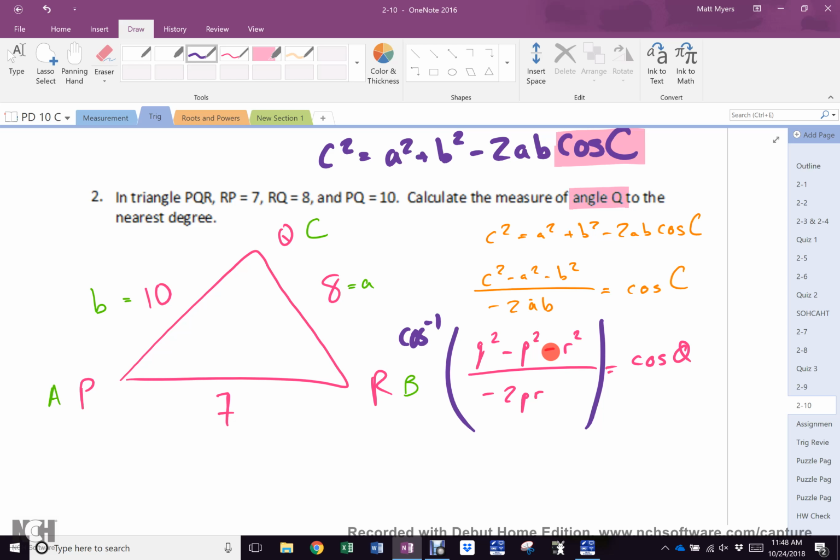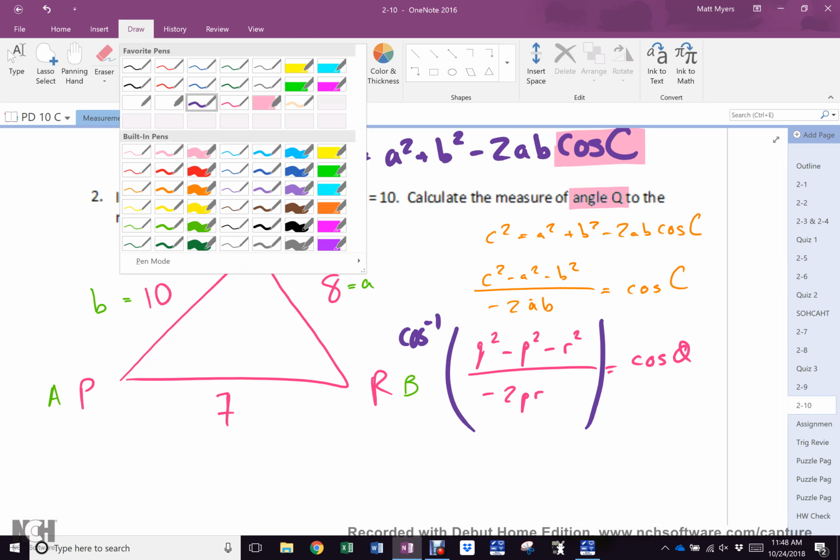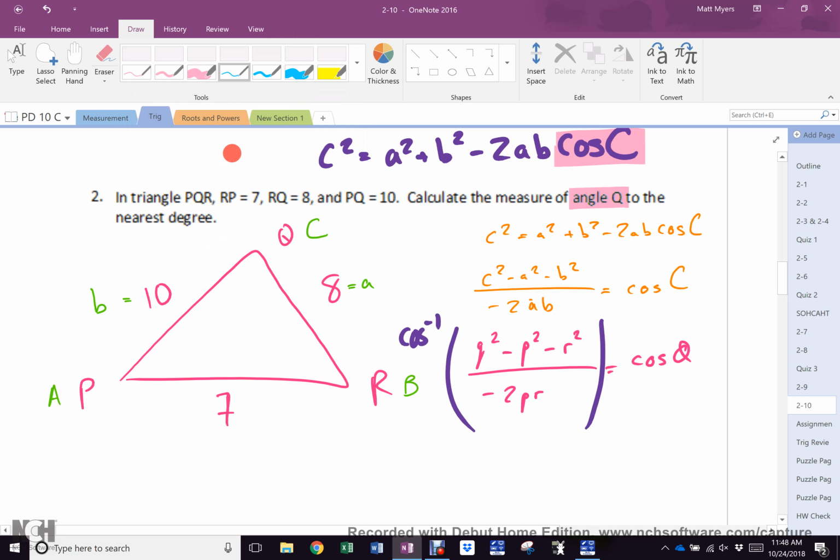Then you would go shift, cos, answer. Or you can do it all in one go. Everybody go ahead and try it out. See if you can get the correct answer. I, of course, would write out the work here.